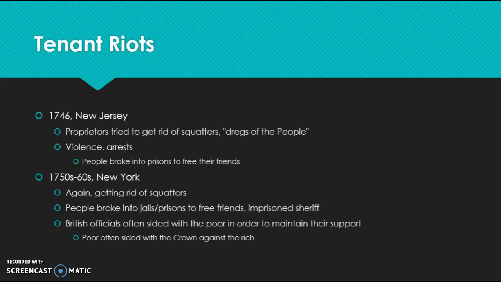So they're trying to divide the white men in New York and New Jersey. Because of that, the poor then often sided with England in struggles against the wealthy white colonists. So we start seeing this fracturing of society going on when Britain decides to take sides against the rich colonists.